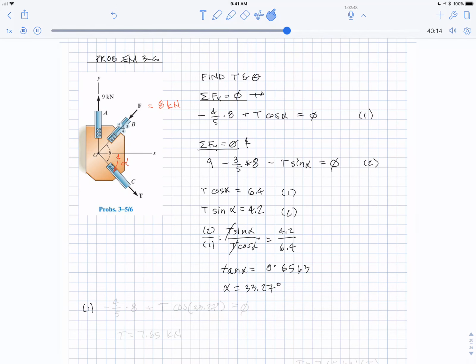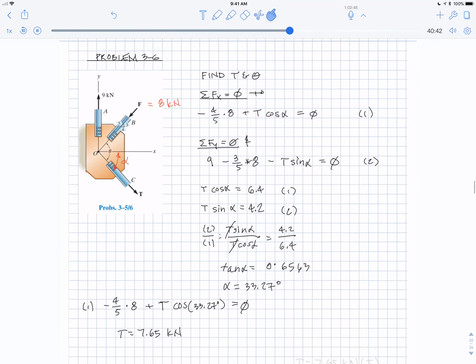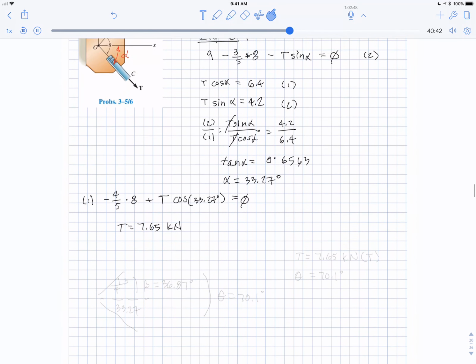In equation 1 we had minus 4/5 times 8 plus T times cosine alpha, which is 33.27 degrees, equals 0. I'll solve for T and come back. T ends up being 7.65 kilonewtons.